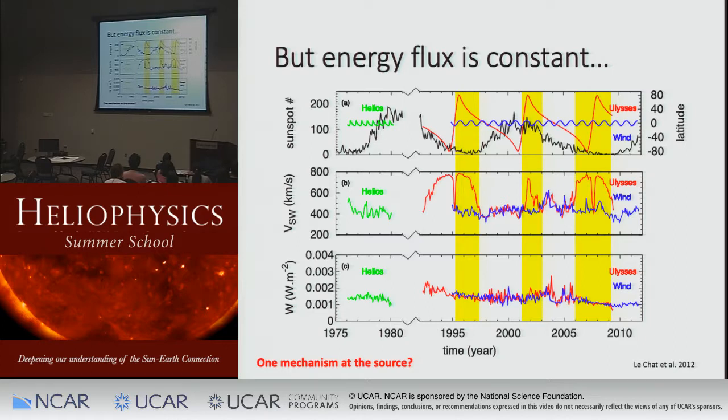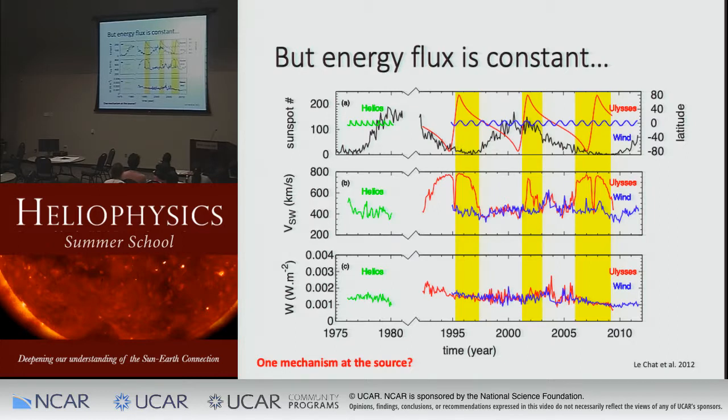In spite of which, the energy flux is constant. So this is a plot from a nice paper by Gaetan-Lechat several years ago. In the top panel, we can ignore the Helios data on the left side, but we're looking at data from the Ulysses spacecraft and the WIND spacecraft. Ulysses is a spacecraft that went over the poles.